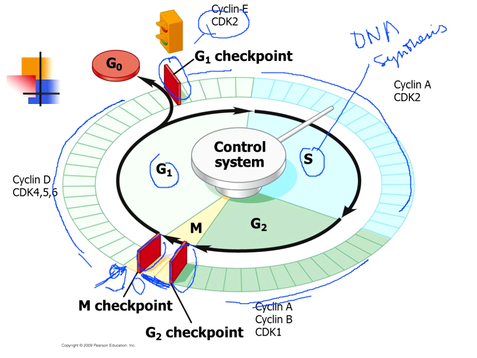Without the presence of these signals, the cell will not proceed to the next phase. So it's just like a stoplight. If the stoplight is off, then your cell is going to go into a quiescent phase called G0 phase. So this is a quiescent phase.